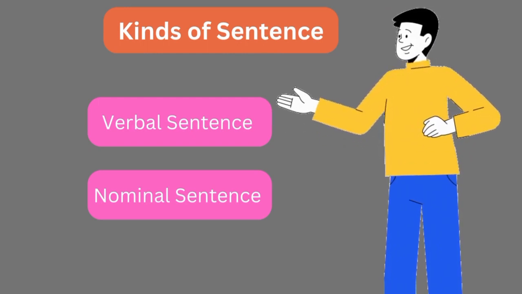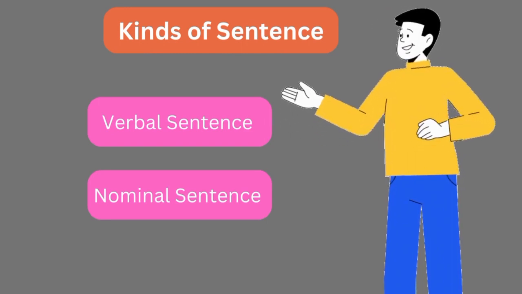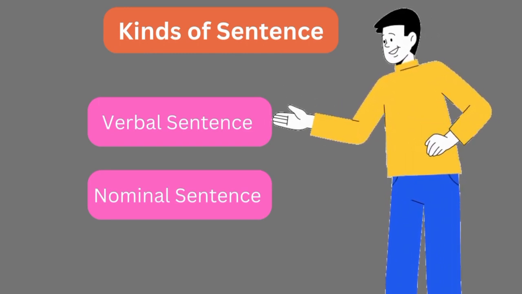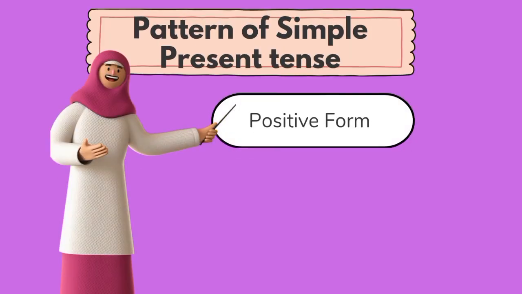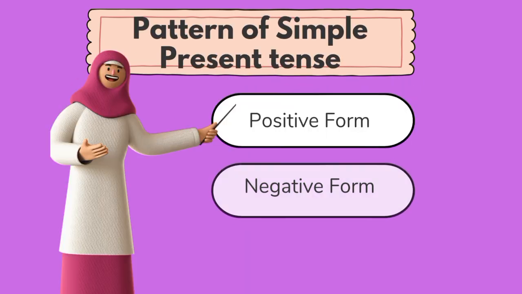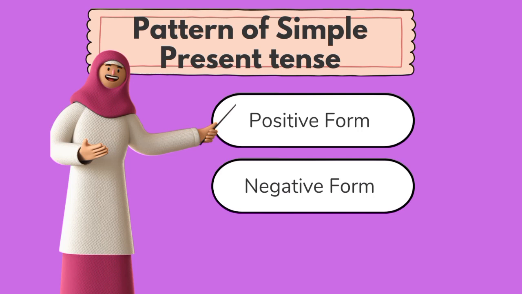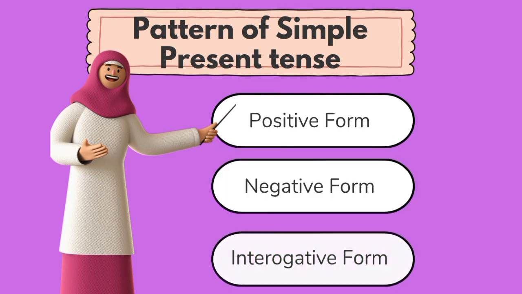Meanwhile, nominal sentence is a sentence that doesn't need a verb. Moreover, there are three forms of pattern of simple present tense. The first one is positive form, the second one is negative form, and the last one is interrogative form.